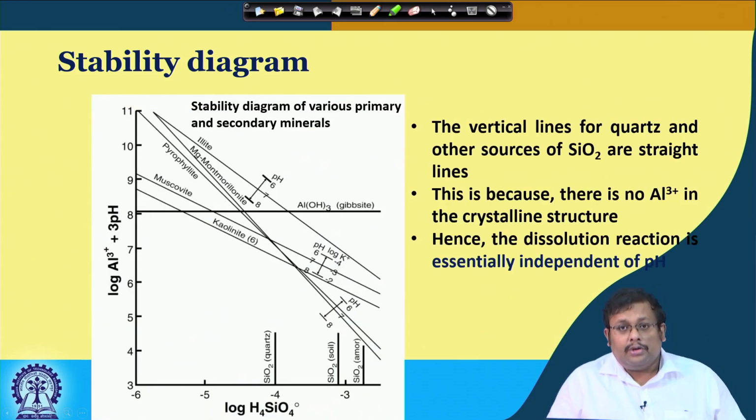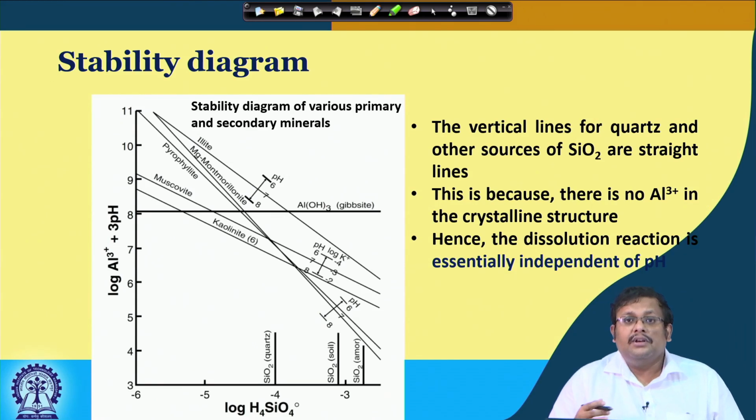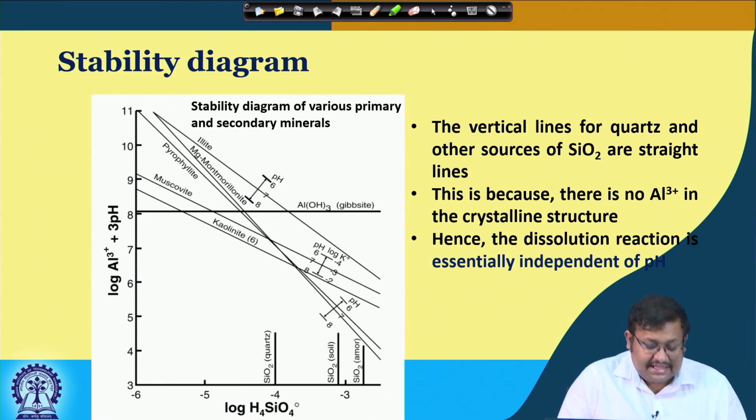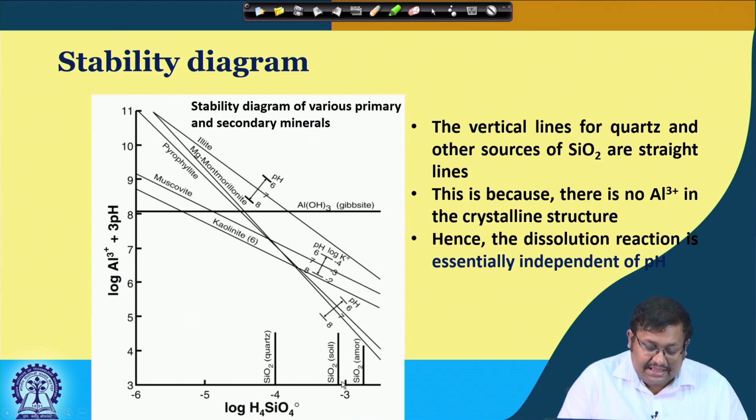So, if we plot log Al3+ plus 3 pH on the y axis and the logarithm of silicic acid on the x axis, we can see the stability of different clay minerals. For example, the vertical lines, as you can see here, basically represent silica quartz.